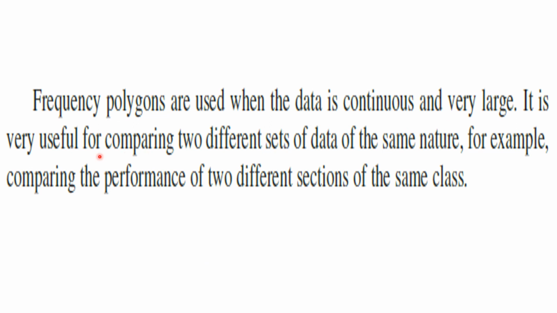It is very useful for comparing two different sets of data of the same nature. For example, comparing the performance of two different sections of the same class. Understood this point, my children, where we are using frequency polygons?